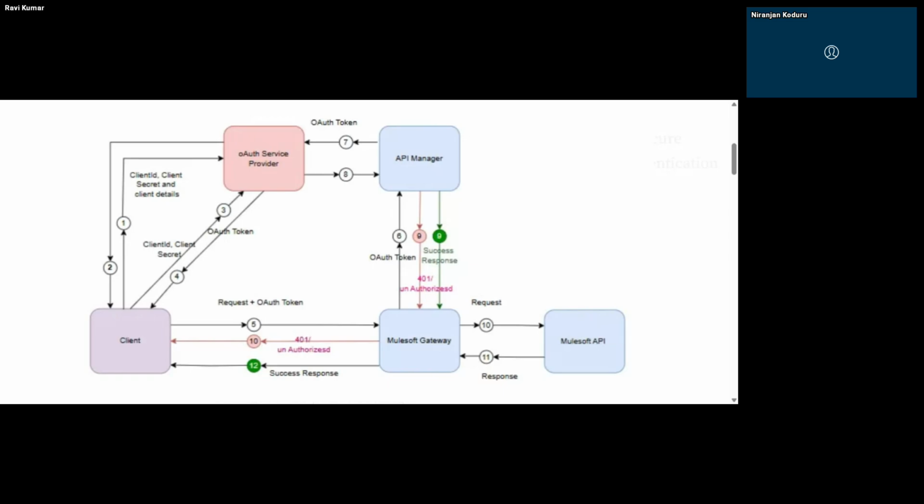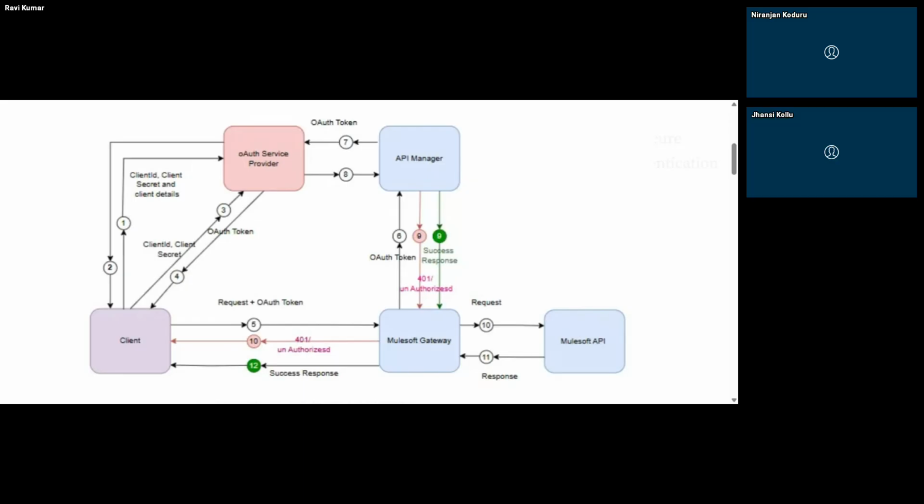In future, if we go with a new version, say after 1.0.0, will the same client ID work, or do we need to create a new application and pass a new client ID and client secret? You can use the same client ID and client secret for a new version also. So it won't affect anything? Yes, it will not. Okay, thank you.